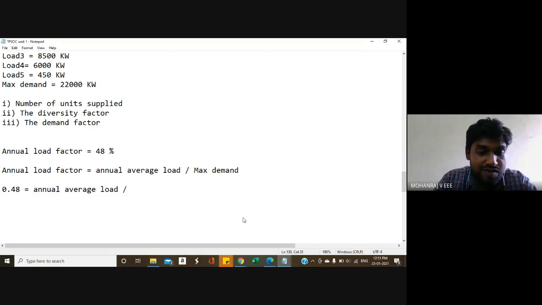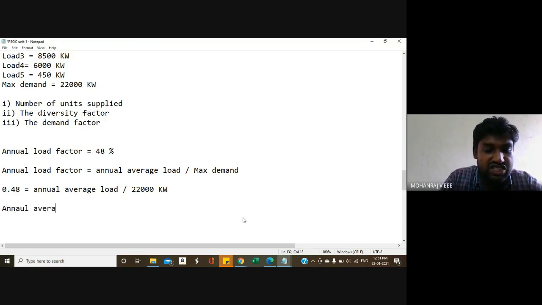They gave the maximum demand value as 22,000 kilowatts. So from this we can say the annual average load is equal to 22,000 into 0.48.